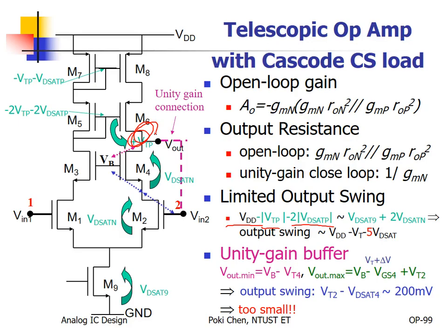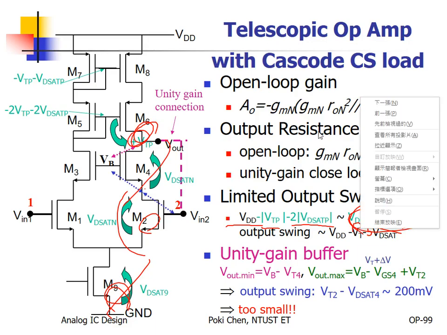And how about the minimum output? 3 delta V. Delta V, delta V, delta V. 1, 2, 3. That's it. I don't care what the VDS of M9, M2, M4 are. I don't mind because it doesn't deviate too much. There is not much difference. 200 to 300 millivolts usually. And how about VT? 500 to 600 or 700 millivolts. That's it.